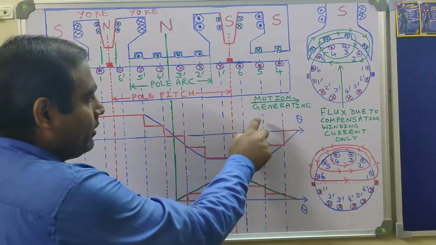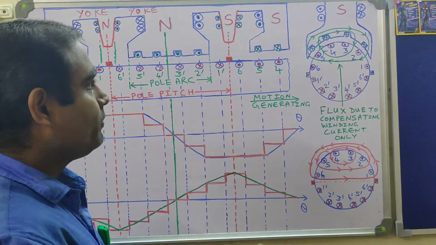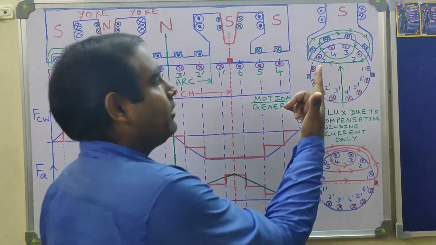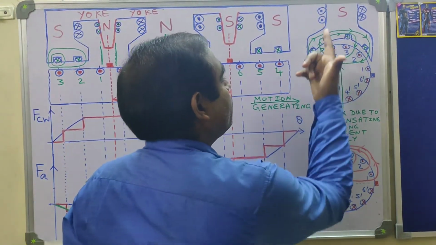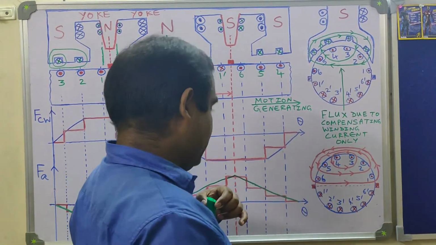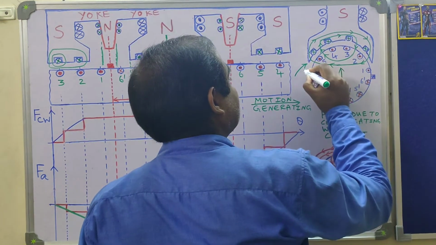Since we have taken generating action, we have to use Fleming's right hand rule. For the south pole, lines of flux should enter the pole face, so the right hand index finger should point towards the pole face.